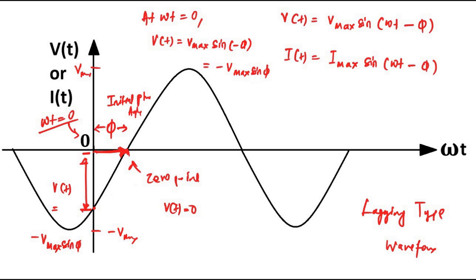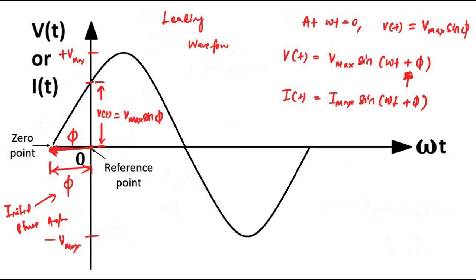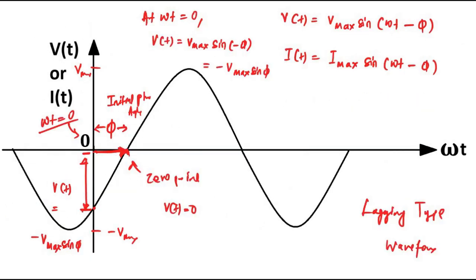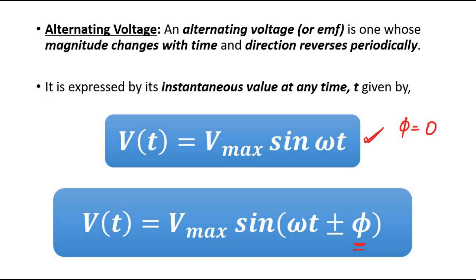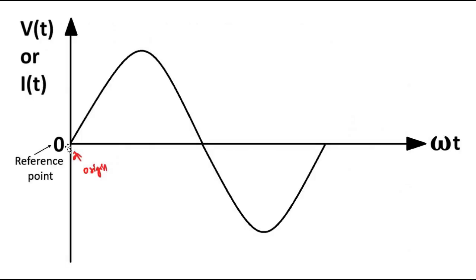This is the concept of the initial phase angle. When there is no initial phase angle, the 0 point starts at the origin, where the magnitude is 0, that is v(t) is equal to 0 or i(t) is equal to 0.